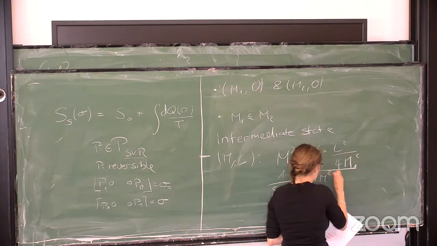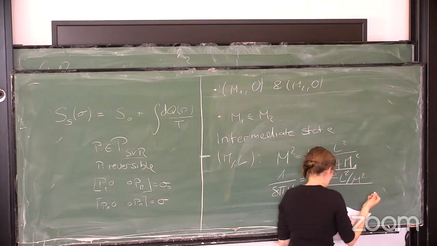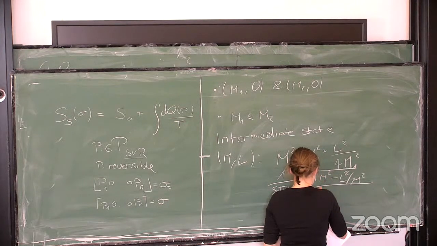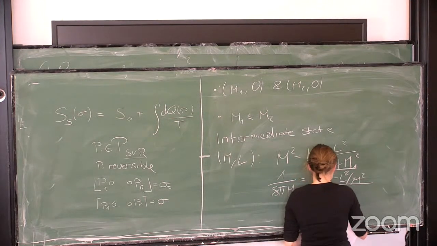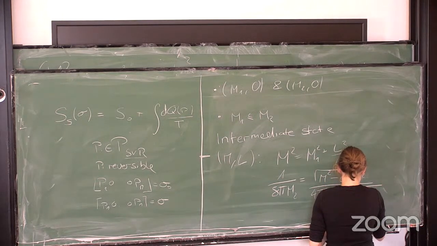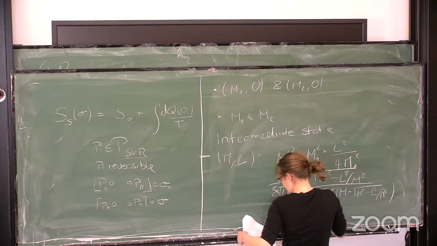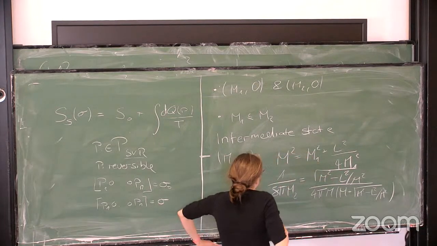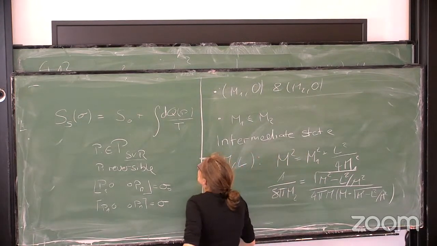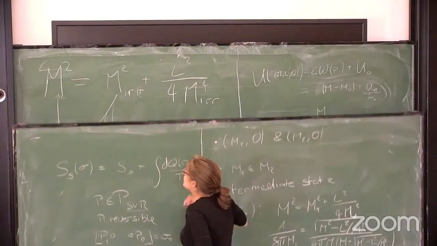I write down the Hawking temperature for a rotating black hole. Okay, so then we can calculate actually the mass of the state.